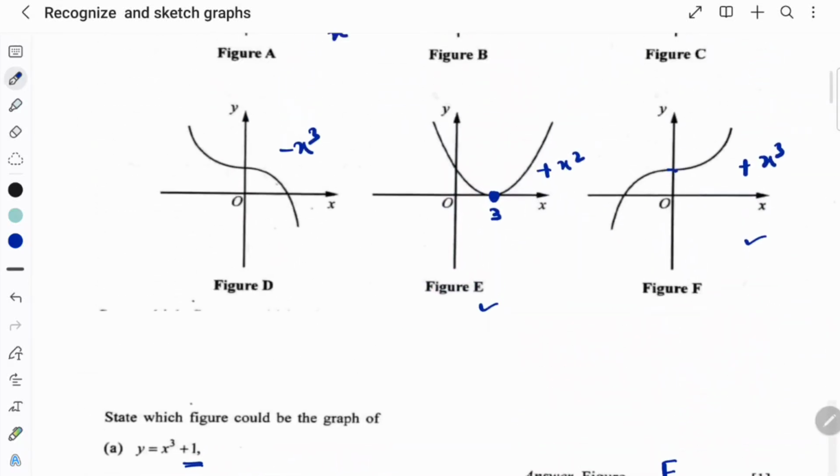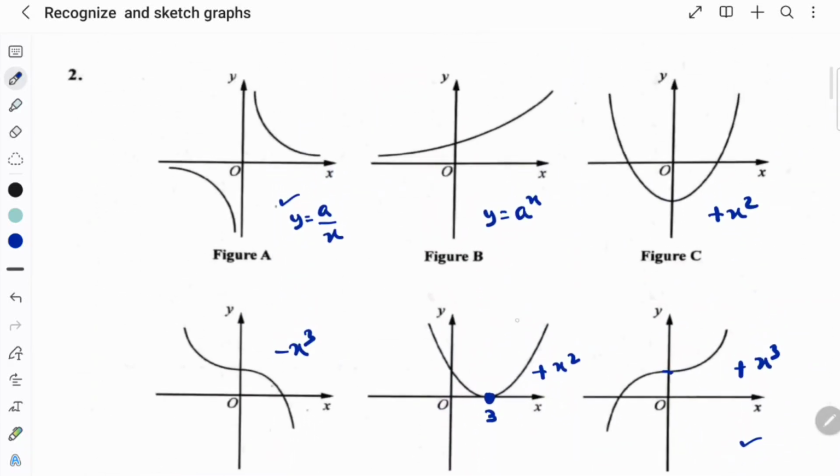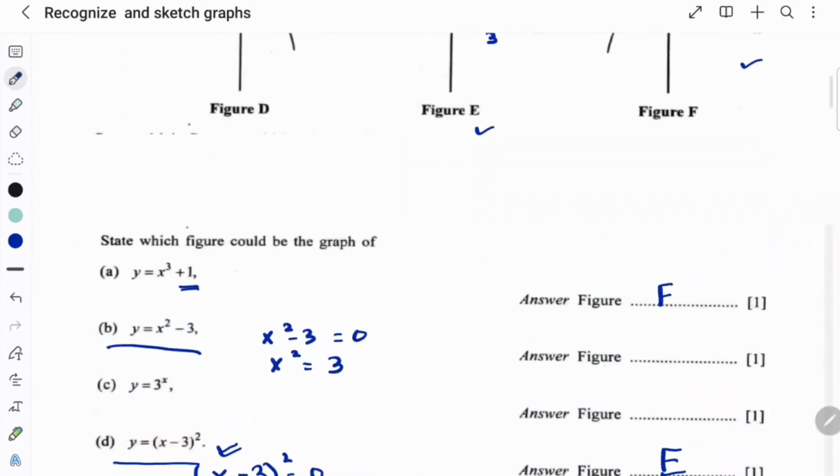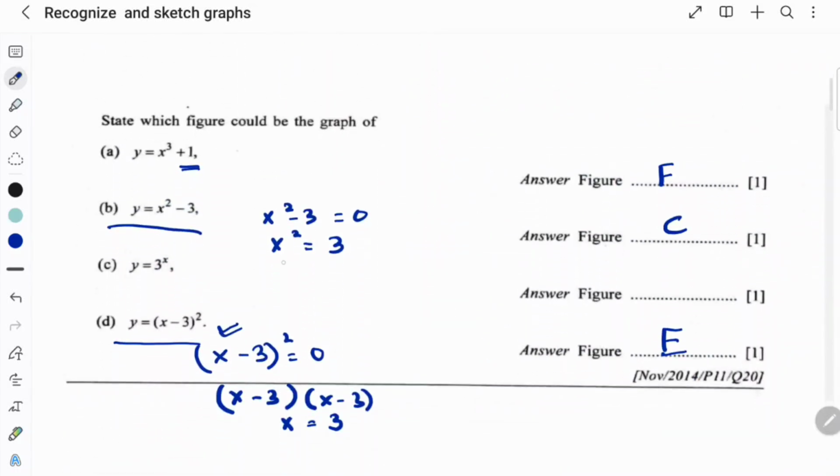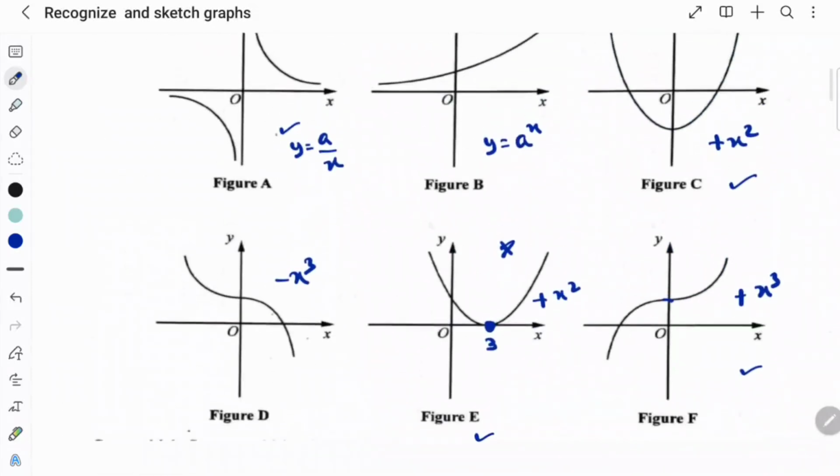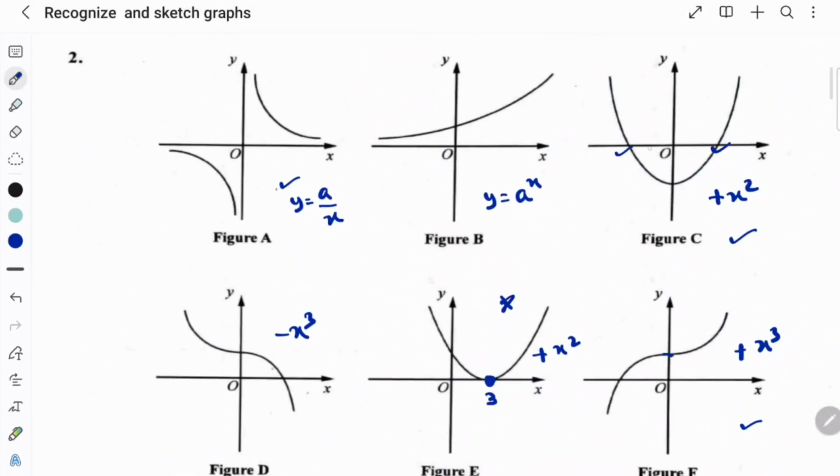For part B, we just have 2 curves. So obviously this is one of the curves. We know the answer for this one. So it is C part. C will go with this question because x equals to plus minus square root 3. One is the plus answer and another is the minus answer. It means plus square root 3 and minus square root 3.